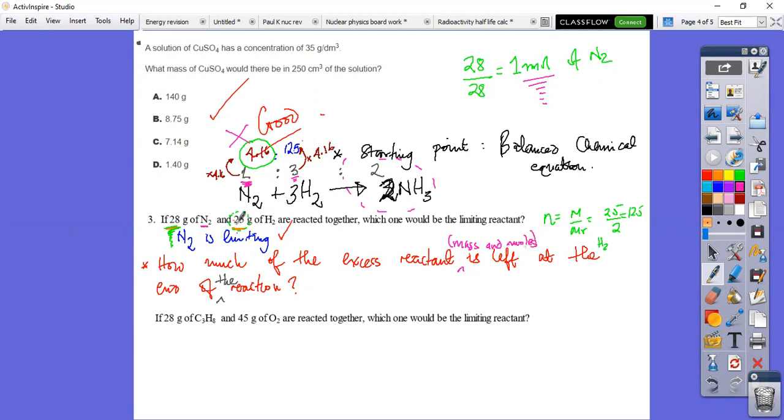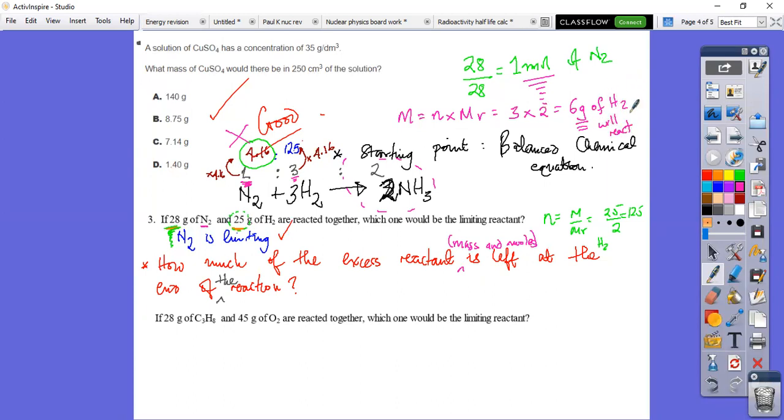So 1 mole is going to react with 3 moles. How am I going to work out the mass of 3 moles? Mass is given by number of moles times molar mass. 3 moles are going to react with 1 mole of nitrogen, so I get 3 times 2, which is 6 grams. Only 6 grams of hydrogen will react.